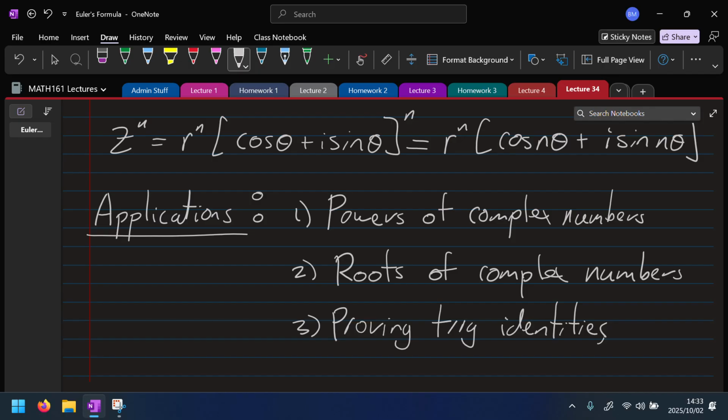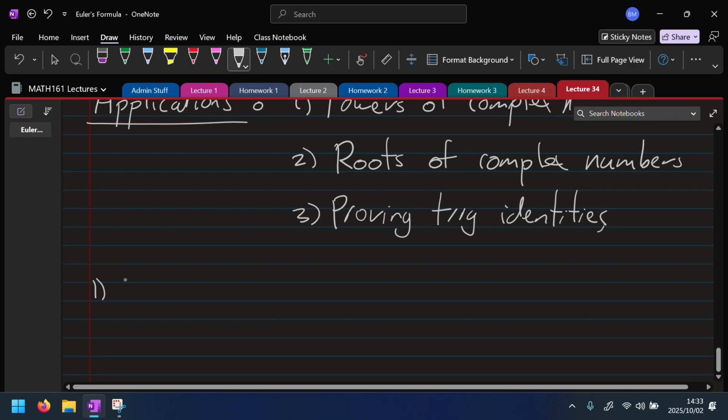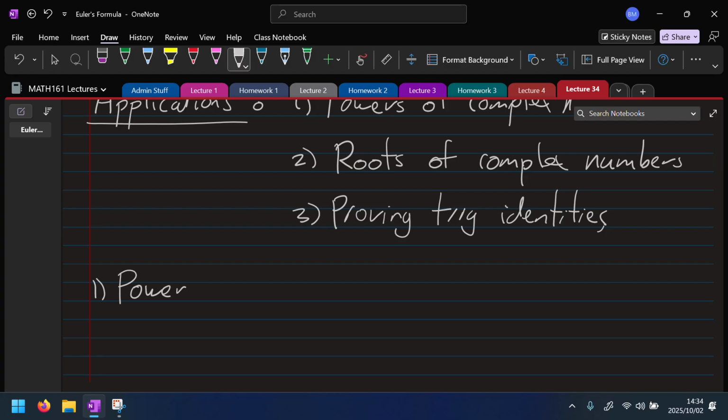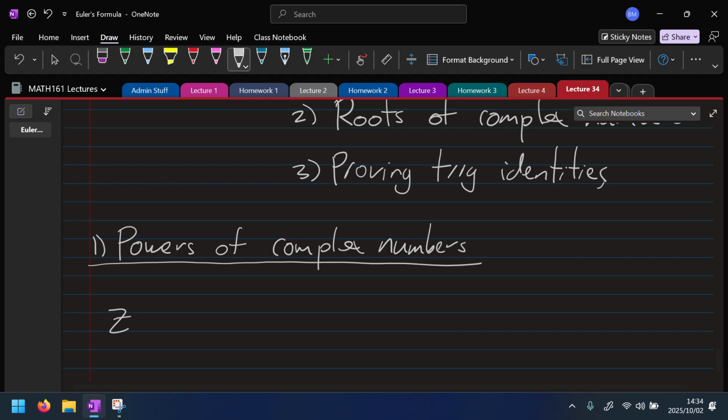Okay, let's have a look at the first one. So powers of complex numbers. Okay, so we'll do it by example, give you an idea of how the calculation goes.